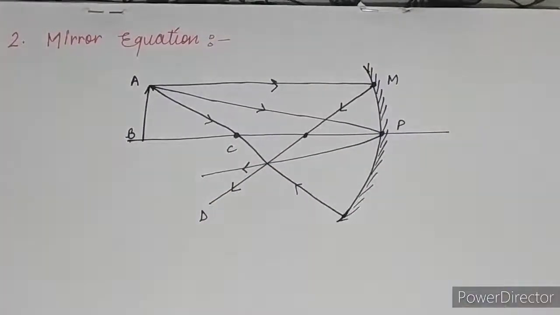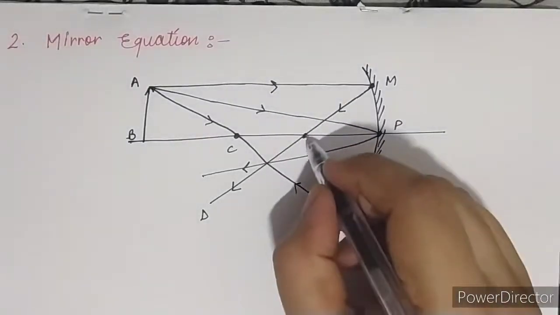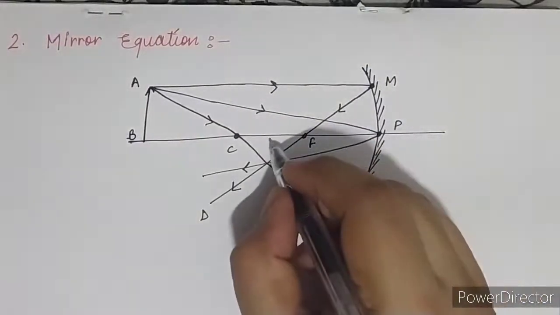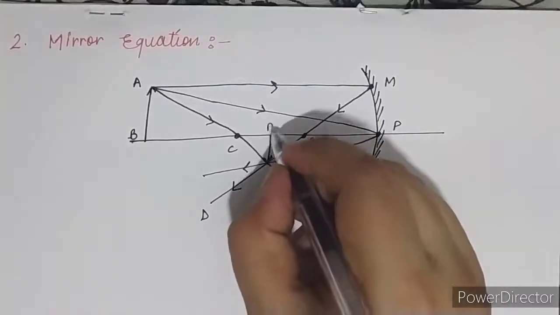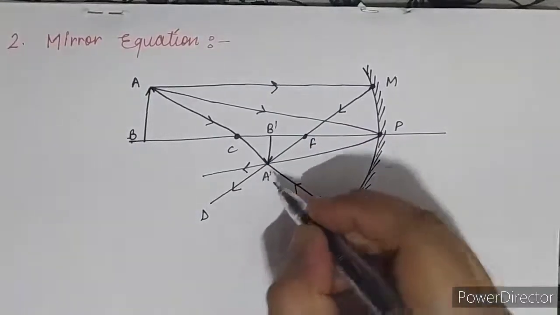When it is incident through the center of curvature, it will be reflected back on the same path. So this is the center of curvature, this is focus point F, and here your image has been formed, B dash and A dash.